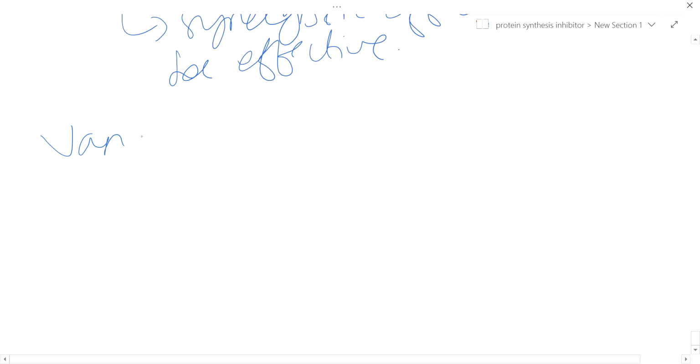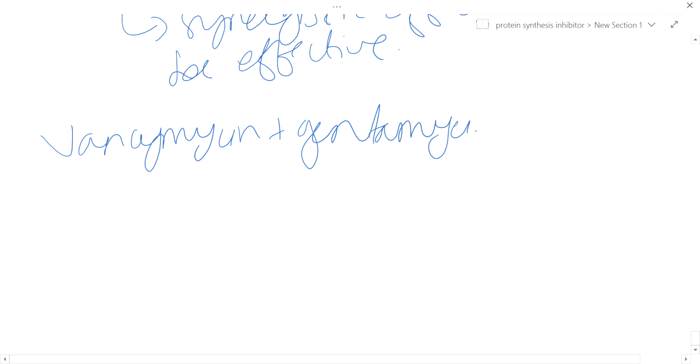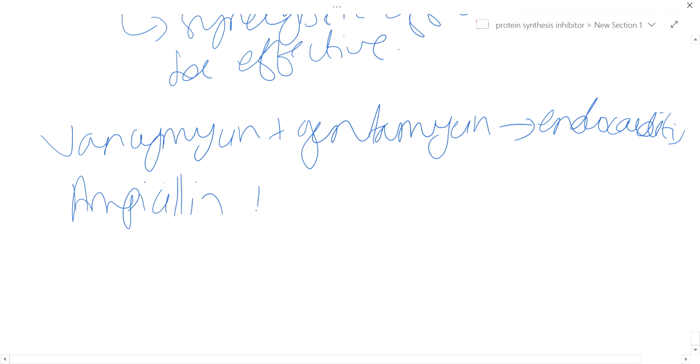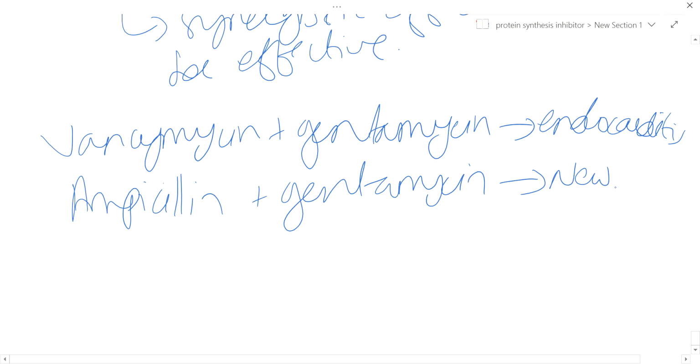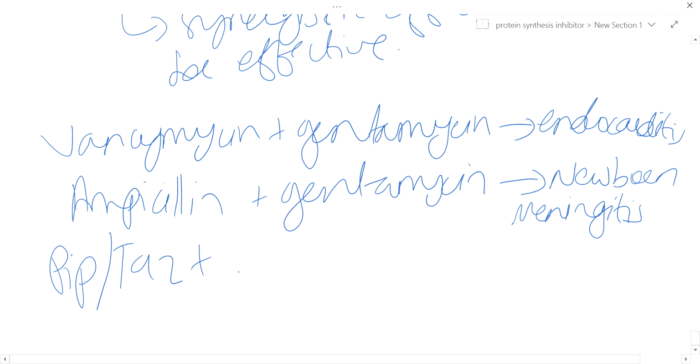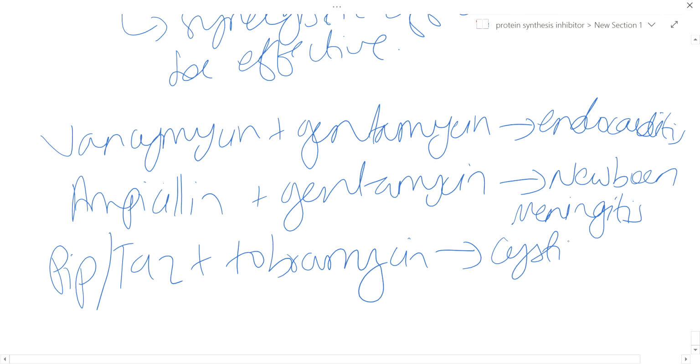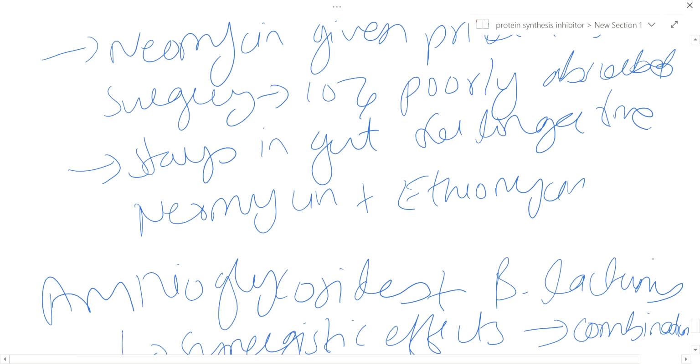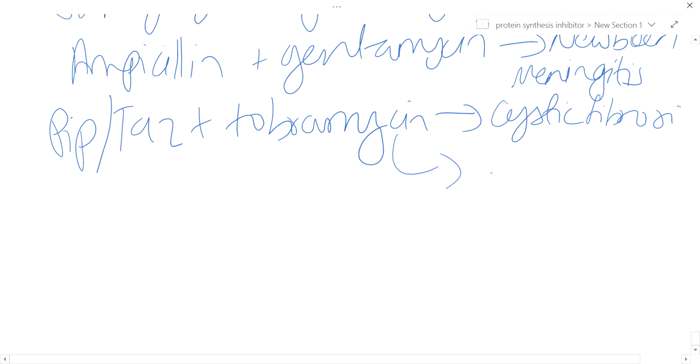Vancomycin plus gentamicin is used for endocarditis, and ampicillin and gentamicin is used in newborn meningitis, and piperacillin tazobactam plus tobramycin is used in cystic fibrosis because it covers pseudomonas.